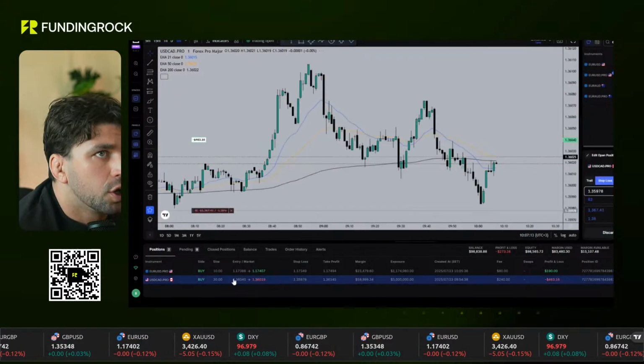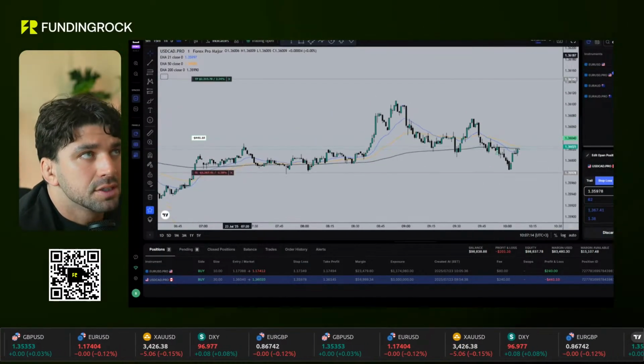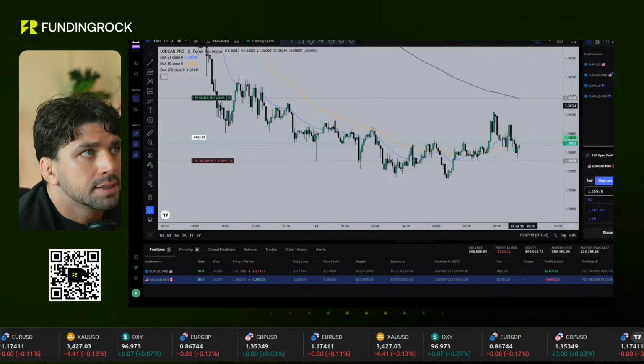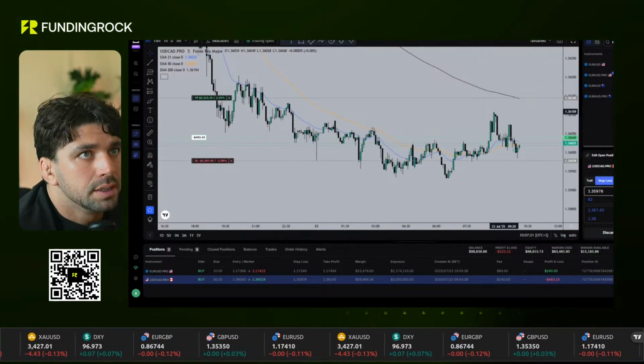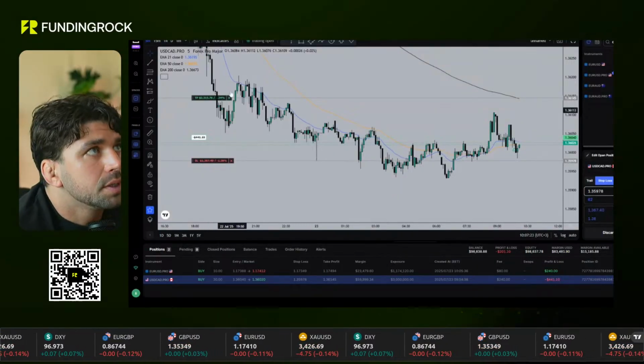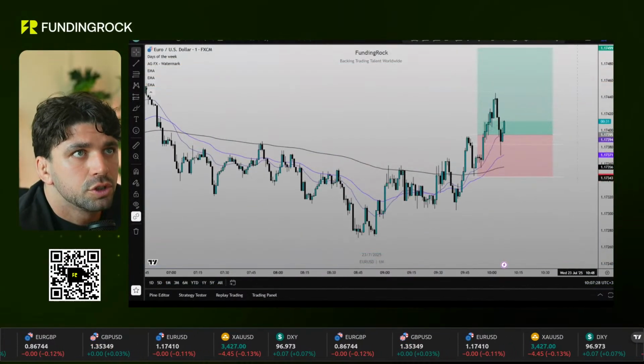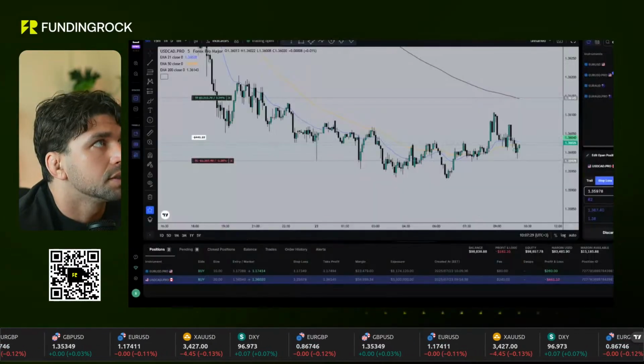The reason we're going long on CAD, which to be honest doesn't look the best right now, is we're looking for a slight retracement to take out all of these highs. And with the EU, it's just a continuation trade. So those are just the simple trades that we're taking today.